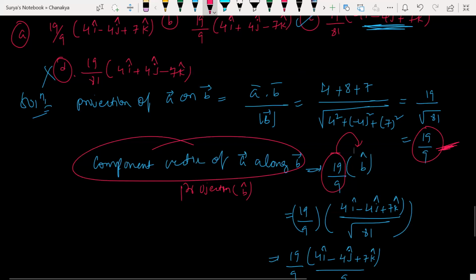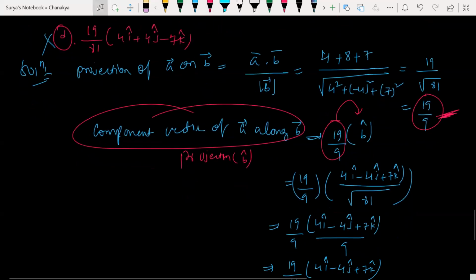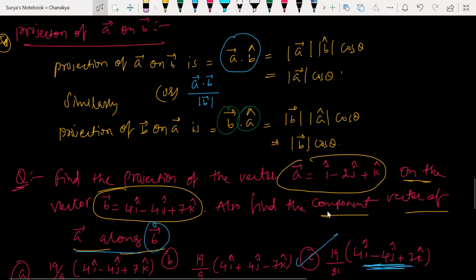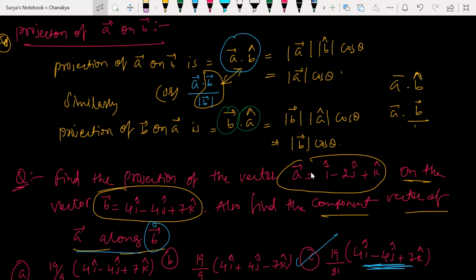So B cap is nothing but B upon magnitude of B. Like this, B upon magnitude of B gives you B cap. You understand, people? This can be written like this. A vector B cap can be written as vector A into this B cap, B vector upon magnitude of B. This is how it happens.